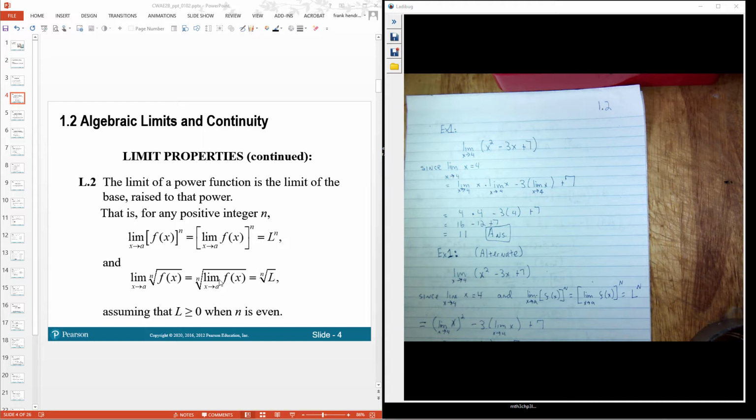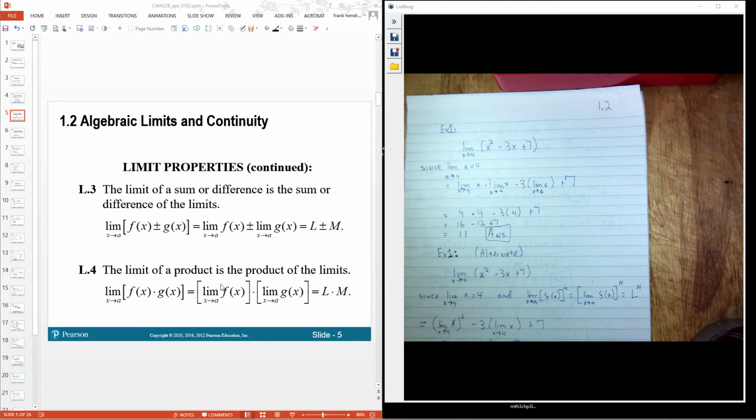The limit of the square root is the same thing as the square root of the limit. The limit of a sum or difference is the sum or difference of the limits. F of x plus g of x, the limit of that sum is the same thing as the sum of the limits here.